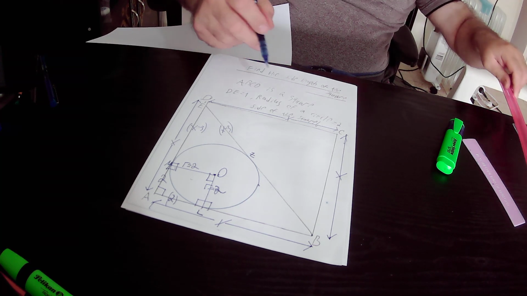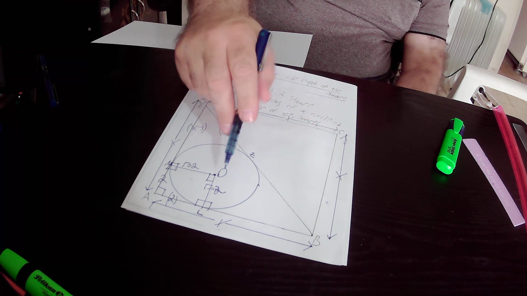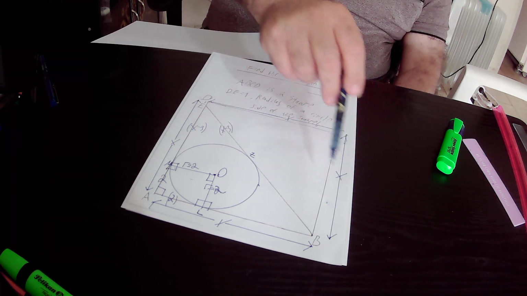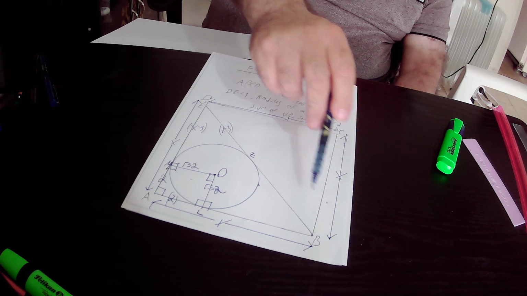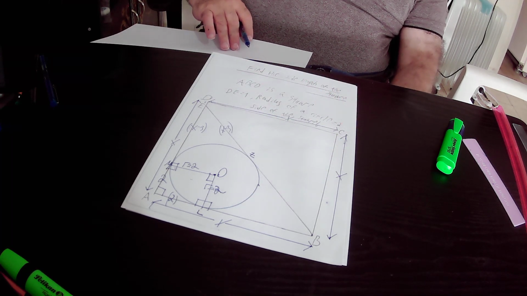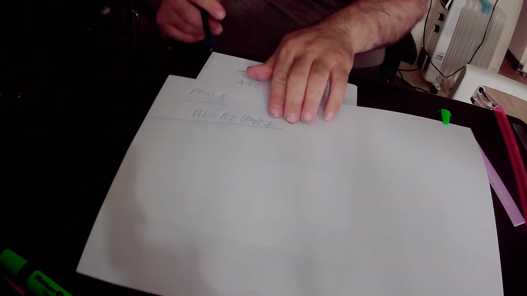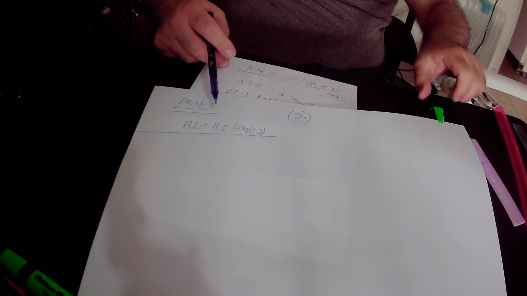The first tangent to this circle from point B is BL, and the second tangent from point B is BZ. And according to rule number 2, the lengths of those two tangents must be equal to each other. That is to say, BL equals BZ according to rule number 2.